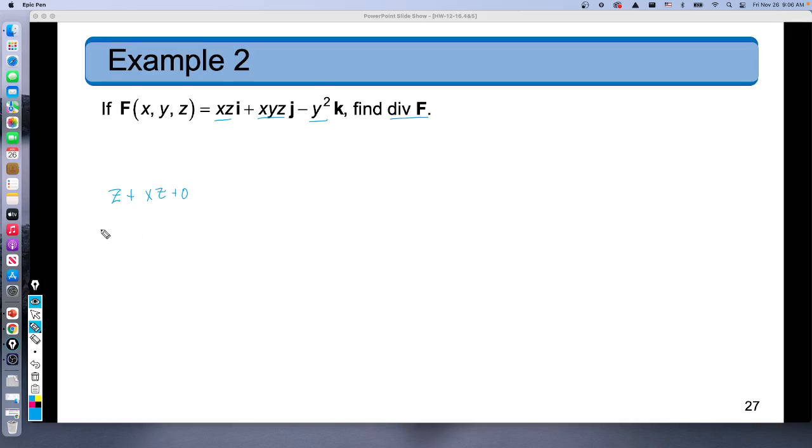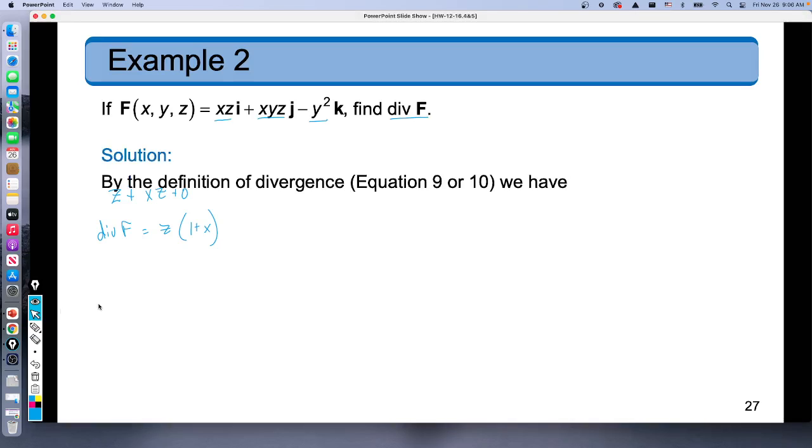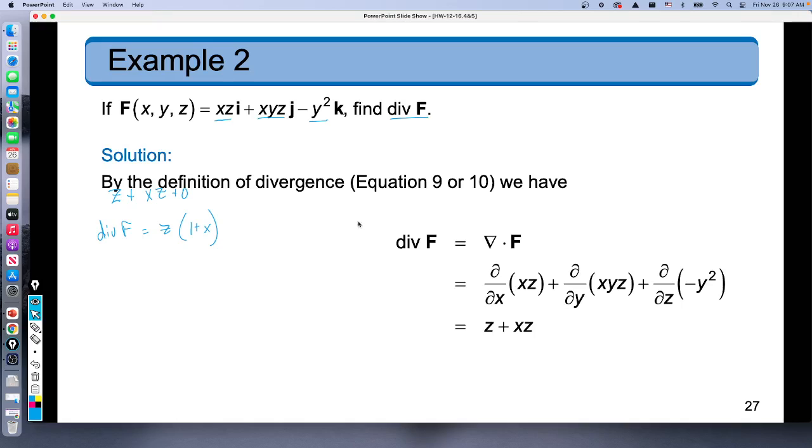And so our divergence of f is simply, I guess you could factor it, z times 1 plus x. And if we knew what values for z and x, that would give us the divergence. So notice this is a number, it's a value, it's not a vector. And again, they do the same thing here.